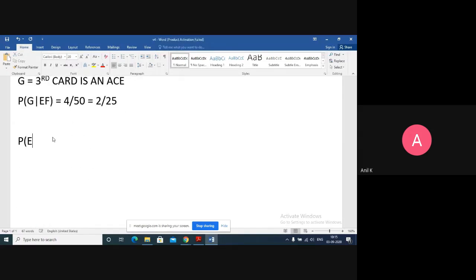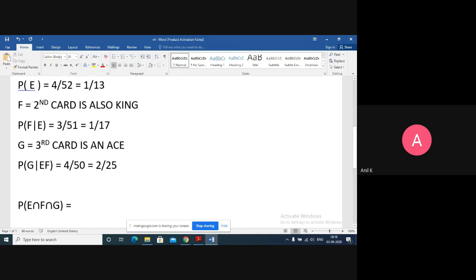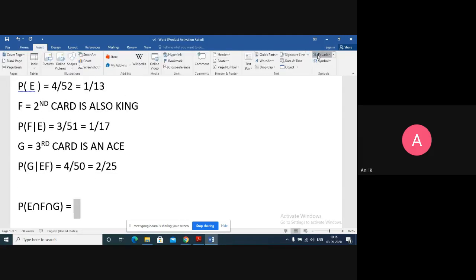Probability of happening E, then happening F, and happening G equals, so what we have is probability of E, let me insert the equation.